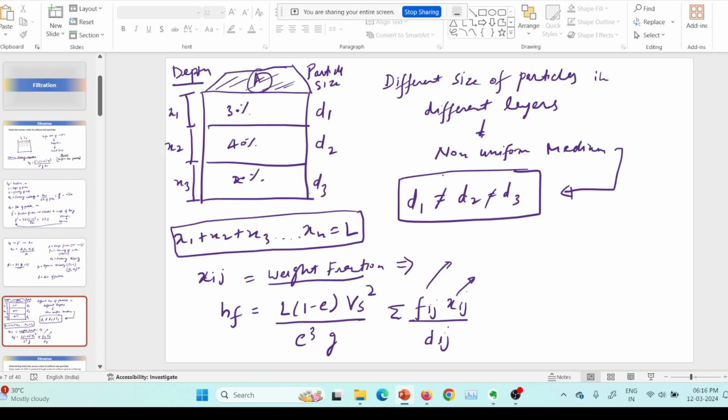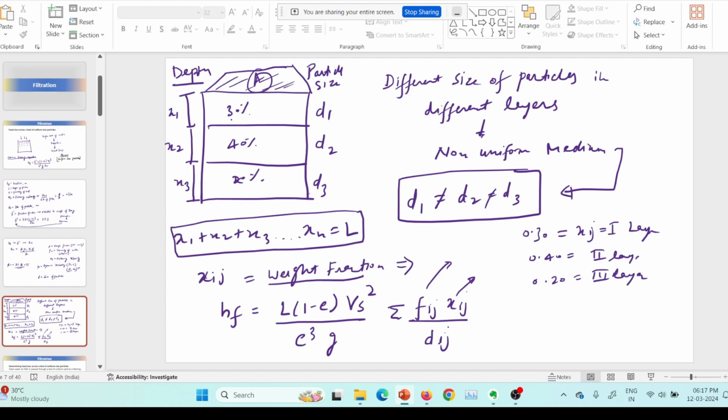So if the area is constant, this 30% weight is equal, so 0.3 will be Xij for the first layer, 0.4 for the second layer, and 0.2 for the third layer.